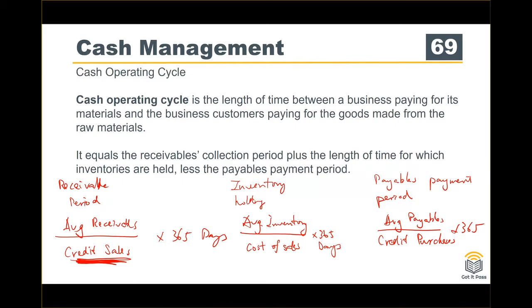And to make it simple, it is AR days or AR turnover days plus inventory turnover days minus payable days.